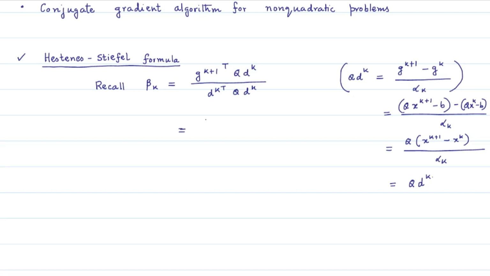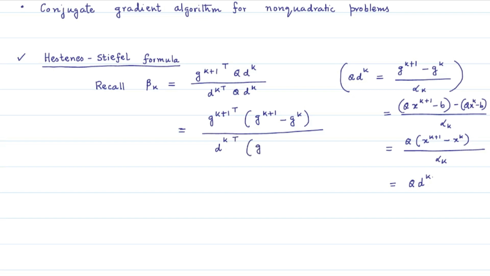Hence we express beta_k in terms of the gradient: g_{k+1} transpose times (g_{k+1} minus g_k) divided by alpha_k, and in the denominator also we replace this Q d_k by this expression. So 1 by alpha_k in the numerator and 1 by alpha_k in the denominator get cancelled, and ultimately we end up with d_k transpose (g_{k+1} minus g_k) in the denominator.